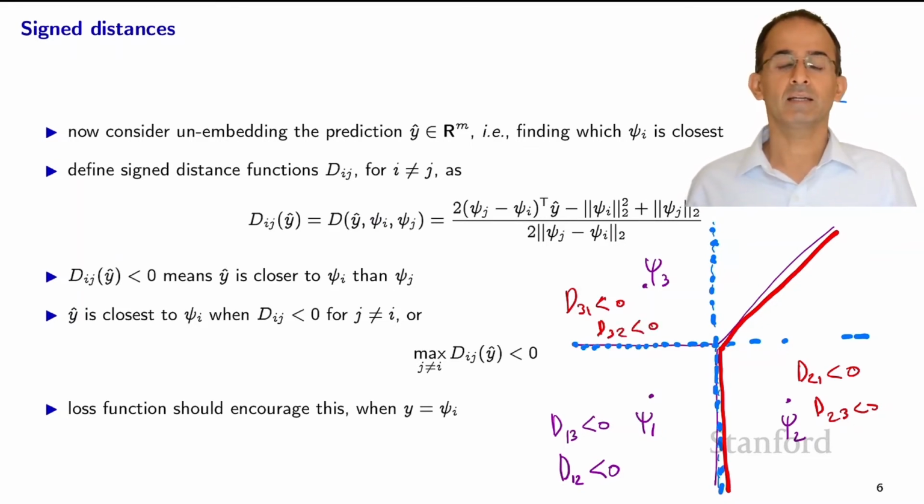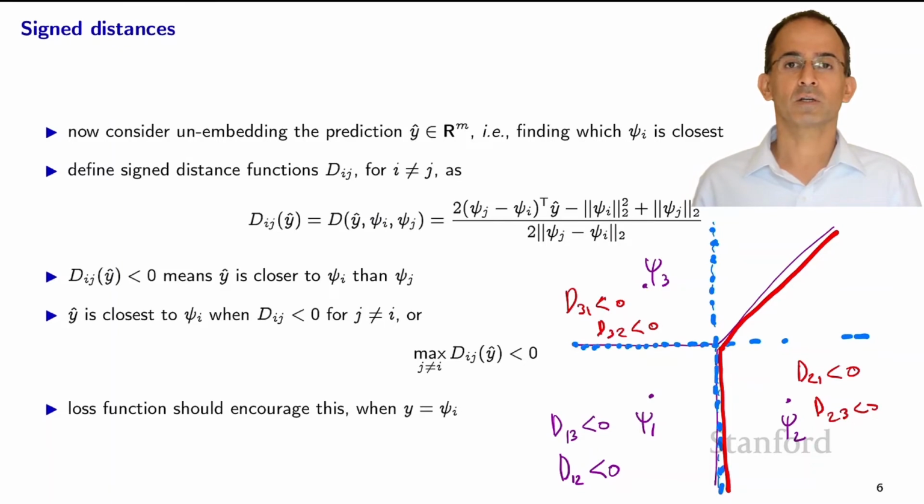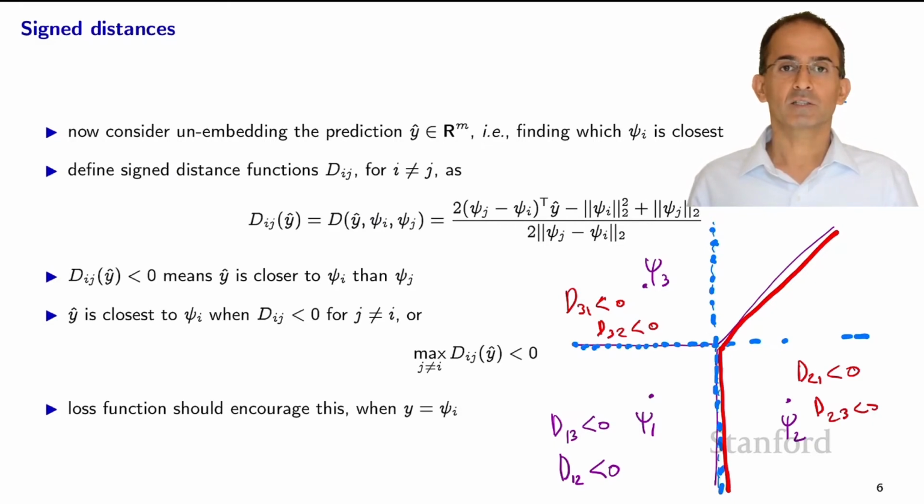So in other words, for any given i, if I want y hat to be in the region belonging to psi i, then I need dij to be less than 0 for all the other j's. Now that we've got these signed distance functions, we can use them to construct our ideal loss functions.